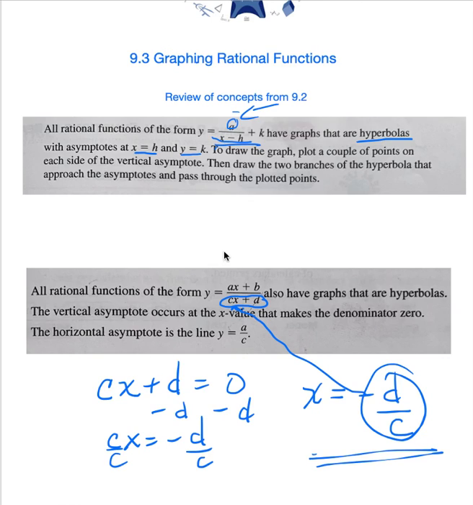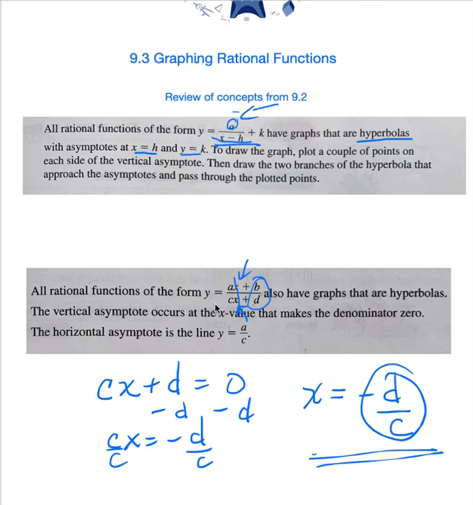Then in addition to that, for the horizontal asymptote, let's think about what happens as x gets really, really big. The fact that I have an x on the top and the bottom becomes less consequential as x goes off to infinity, and of course, they kind of cancel each other out.